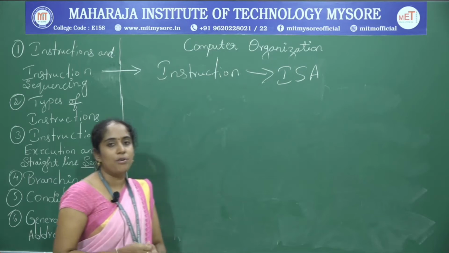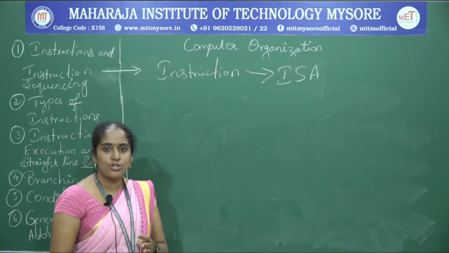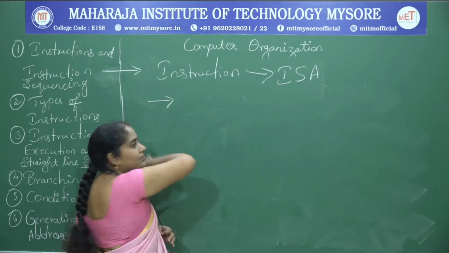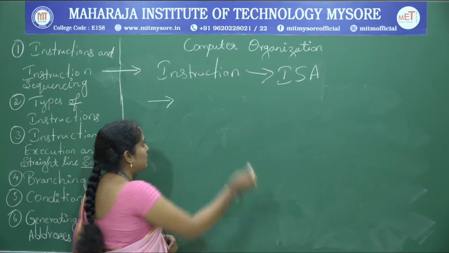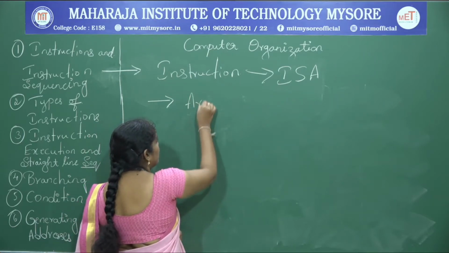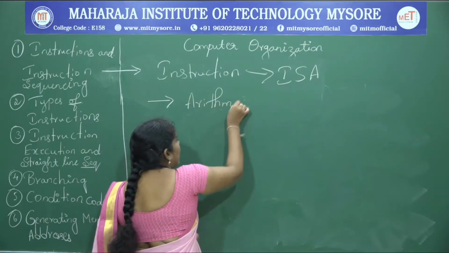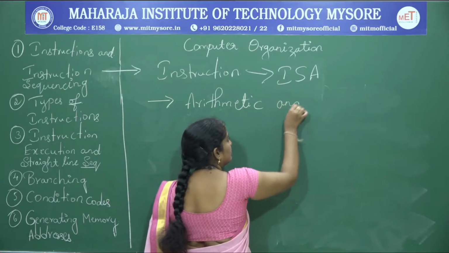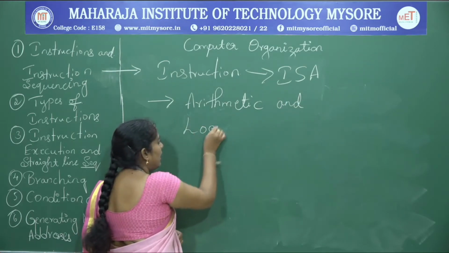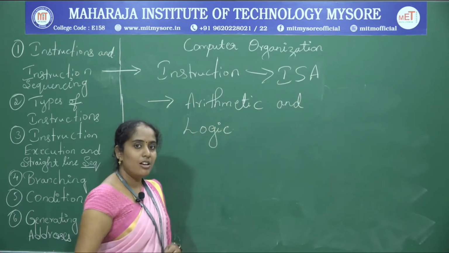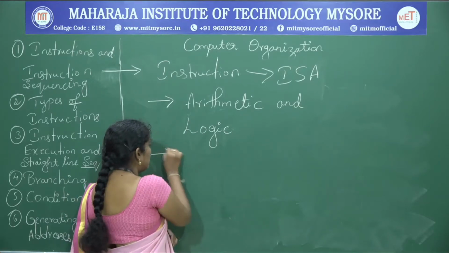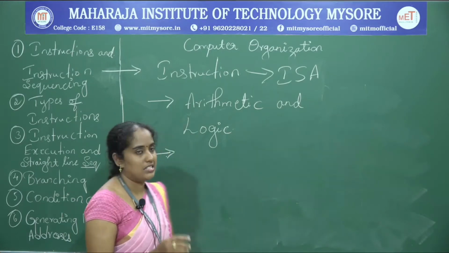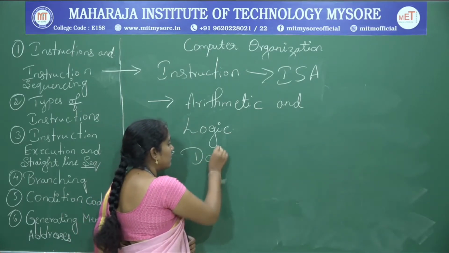Here the computer usually performs 4 types of operations. The first one is arithmetic and logic operations. The second one is data transfer between the memory and the processor.